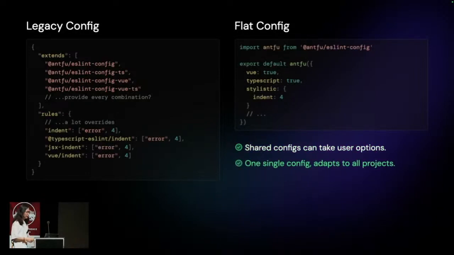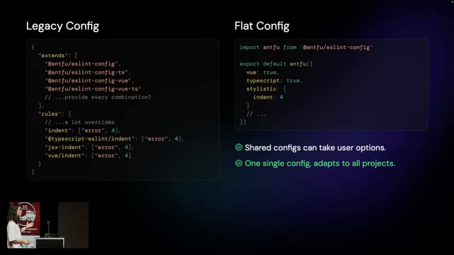And then another example is, for example, I want to change the config. I want to change my indentation to four or to tab. So usually in the older ways, there are multiple rules handling indentation. So you need to know what rules are enabled, and you need to override each rule.